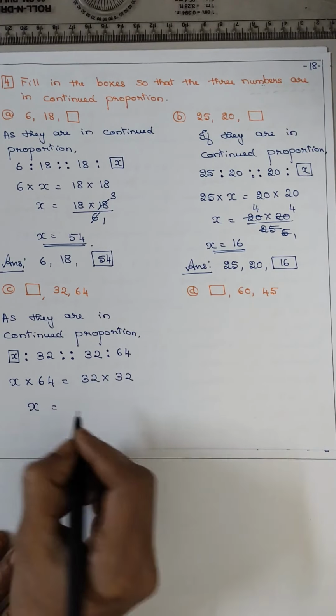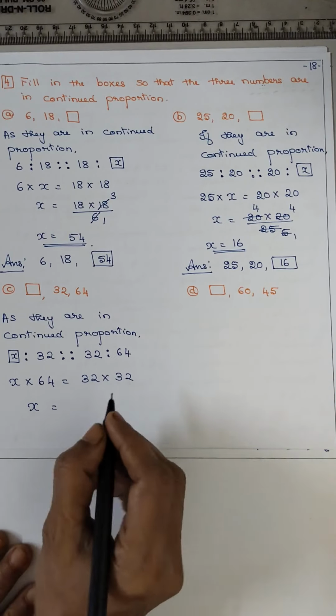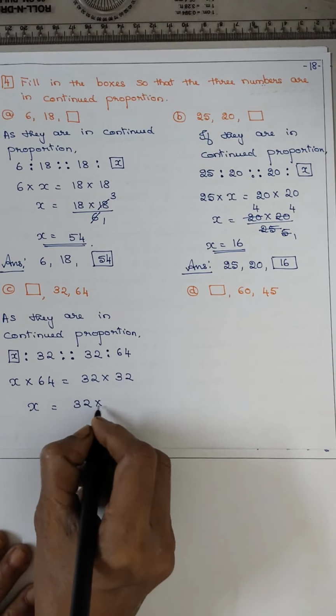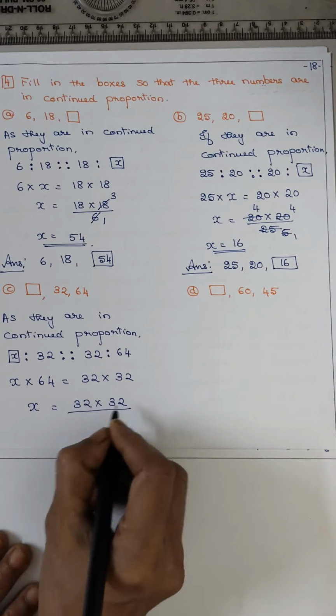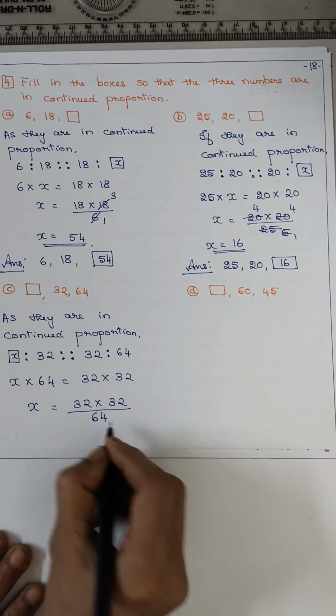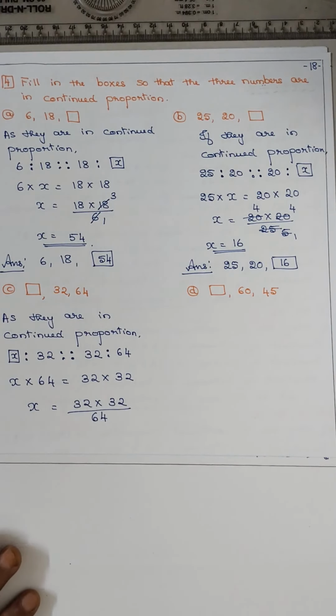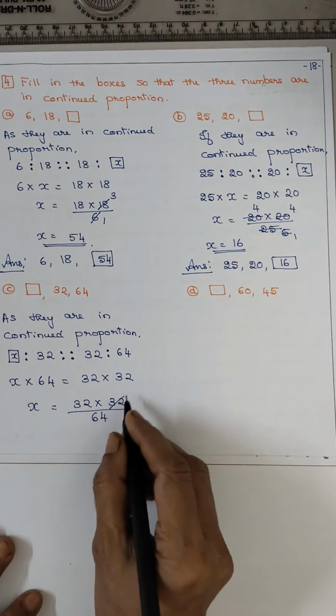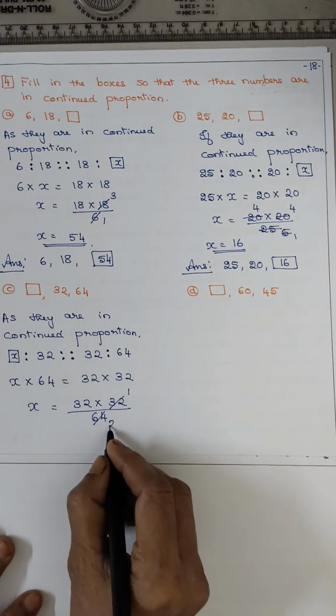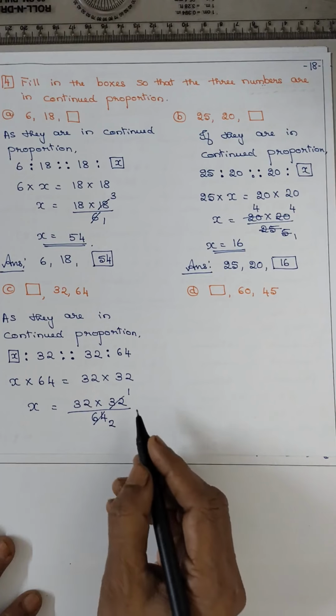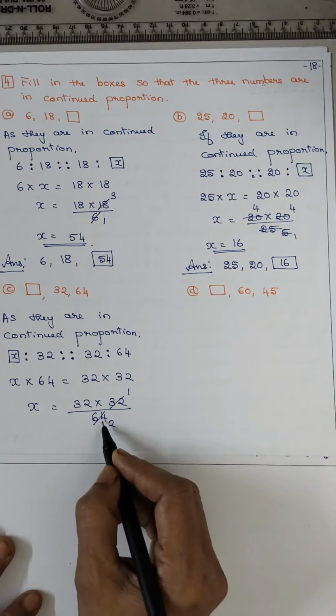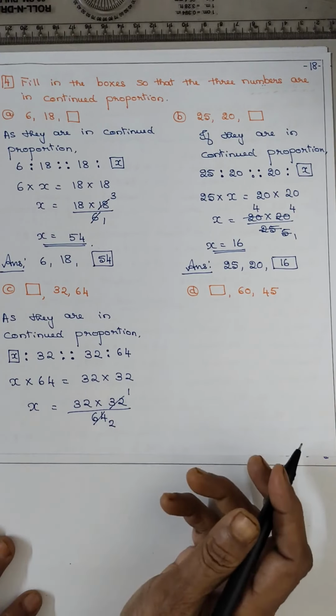Now x is on the left side, right side 32 into 32, denominator it will be 64. Now 32 ones are 32, twos are 2 twos are 4, 2 threes are 6.